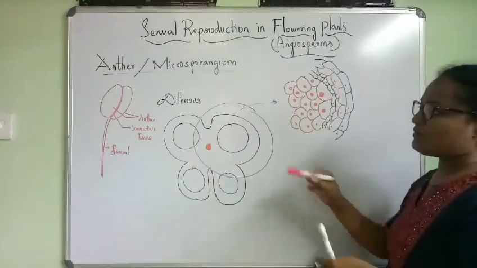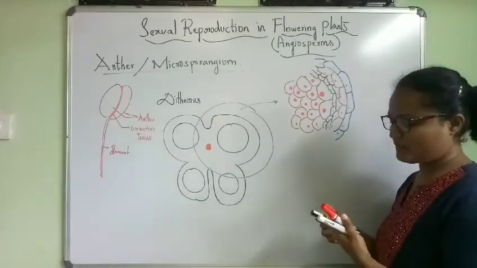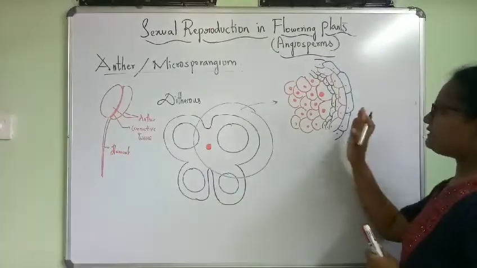So this is one highlighted portion of one single microsporangium where there are a few layers of cells.